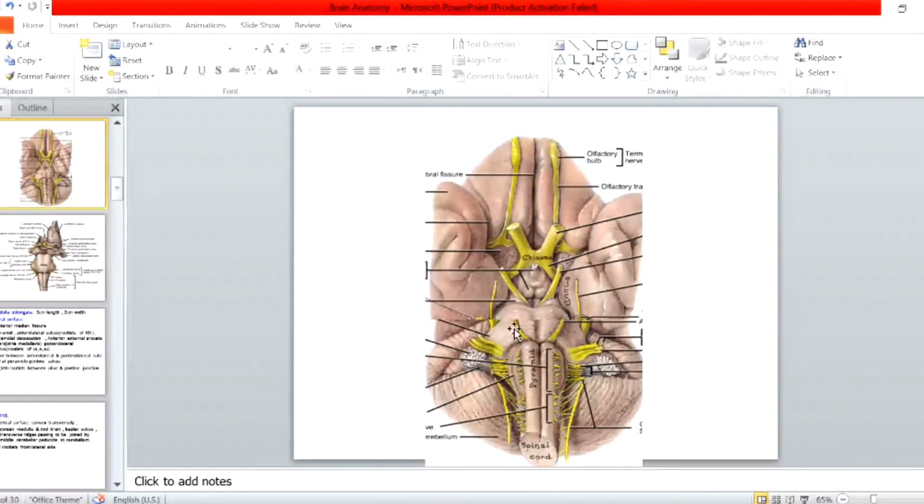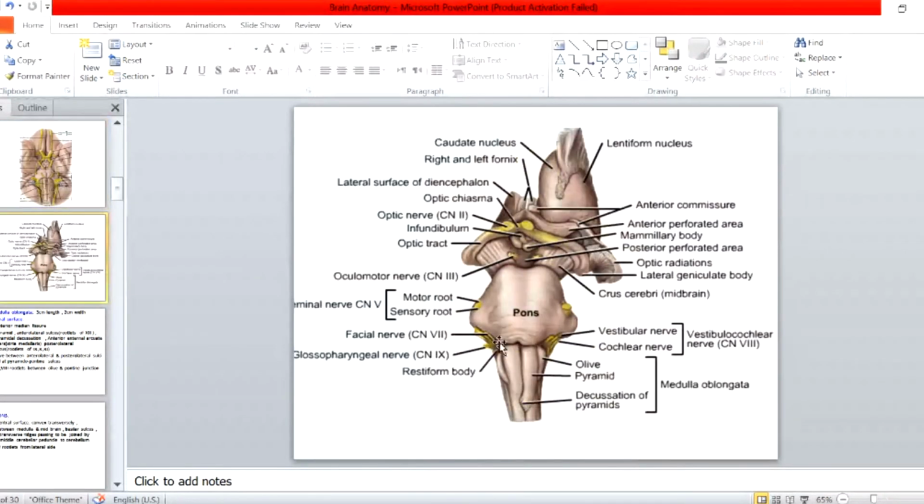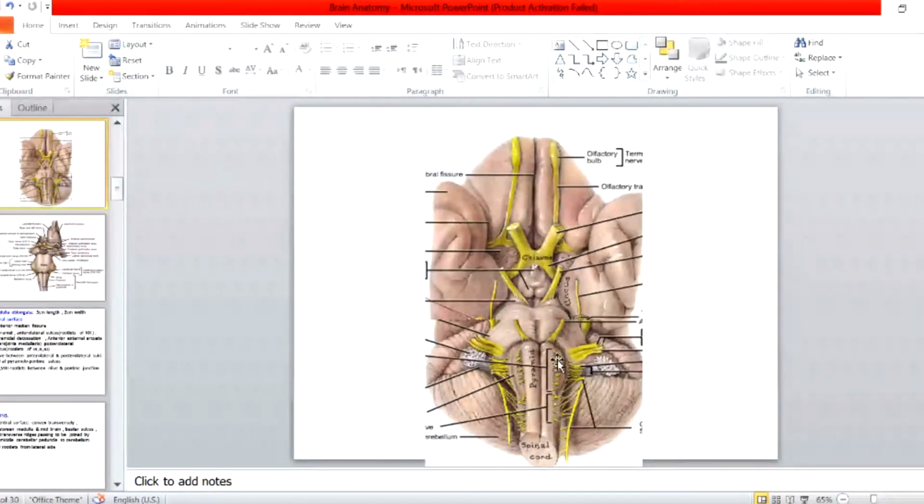Now passing to the pons, this is the ventral surface of the pons. There is a pontine sulcus on the midline. On each side, it is thrown into transverse ridges passing to the sides and then connected to the cerebellum. This portion is called the middle cerebellar peduncle.